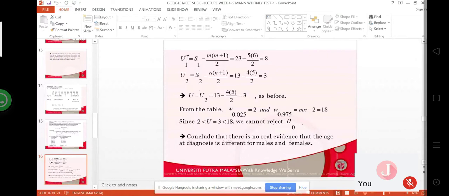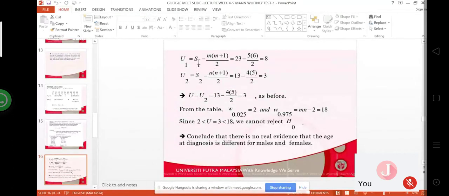So to calculate U1, I refer to the first sample. This is the sum of the ranks of the first sample, and this is the size of the first sample. And then you simplify.